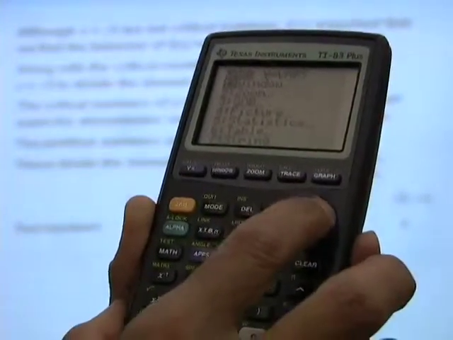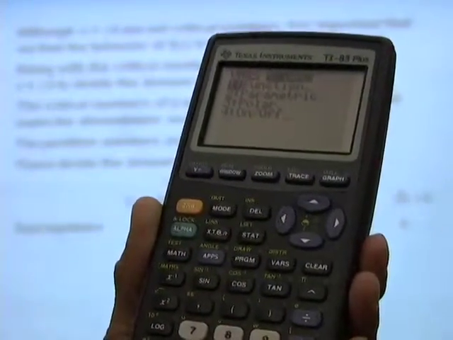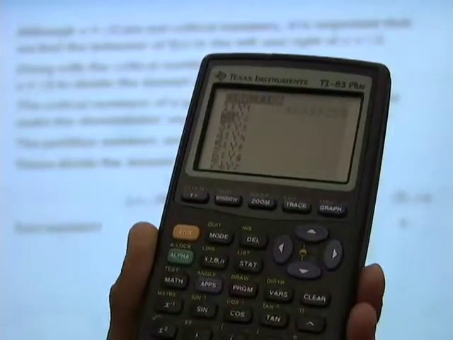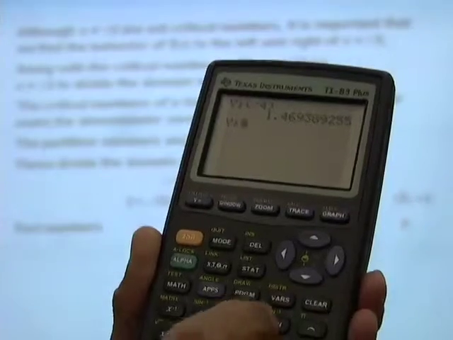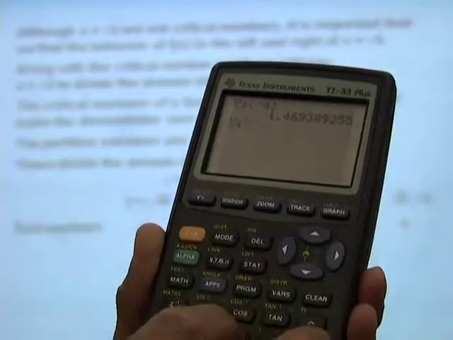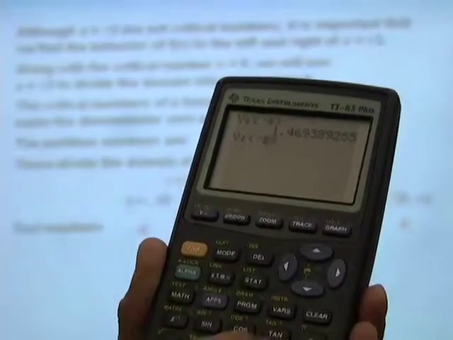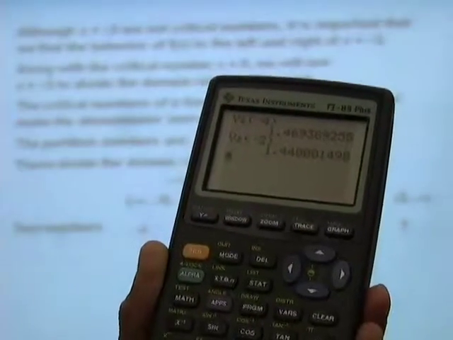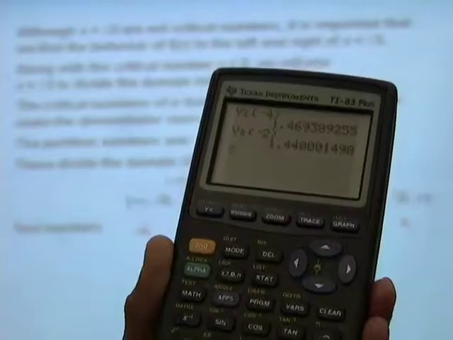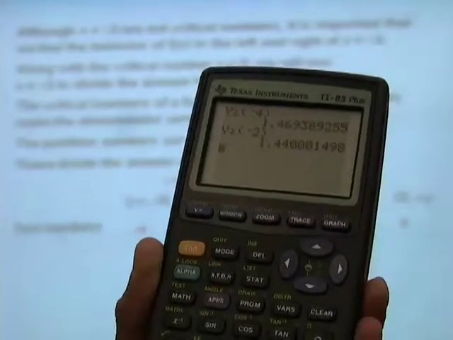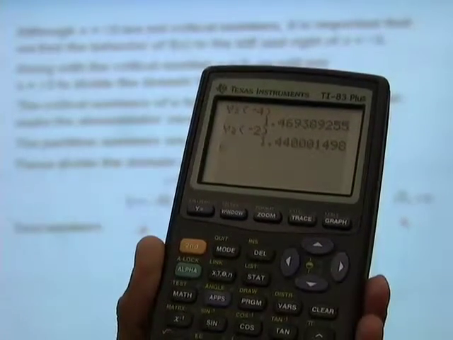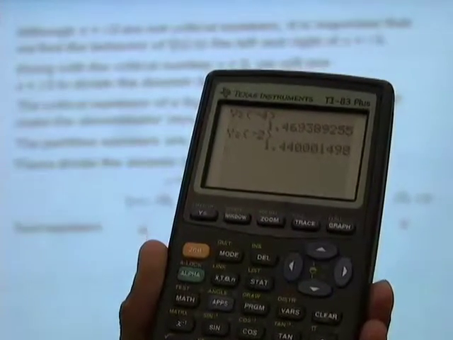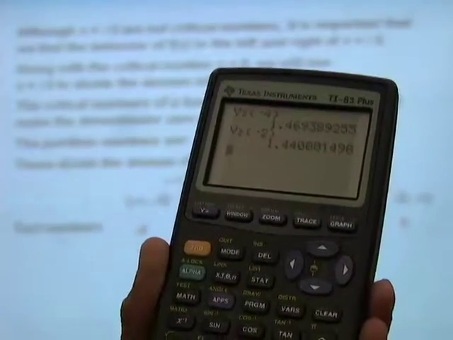Vars, y-vars, function, come down to y2 of negative 2. And that's also positive. So the first derivative is positive at x equal to negative 4. It's positive at x equal to negative 2. We will talk about that when we finish this.